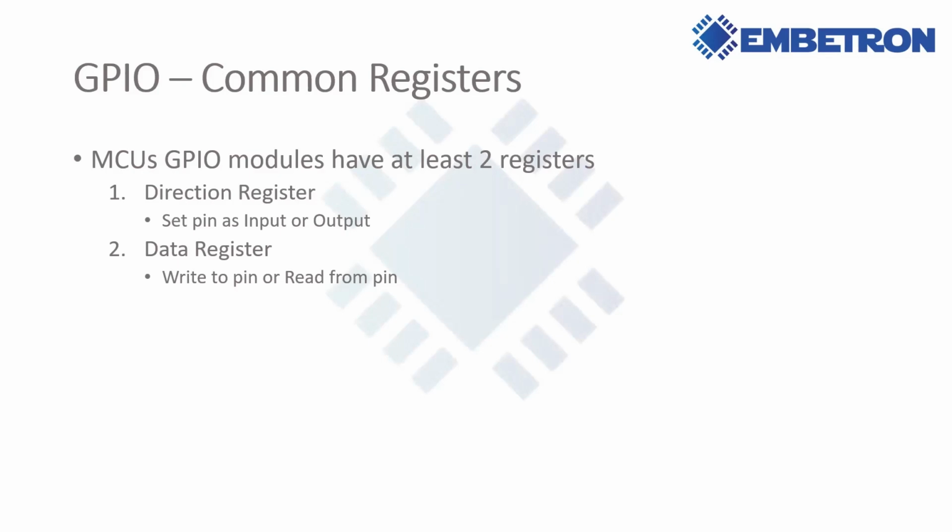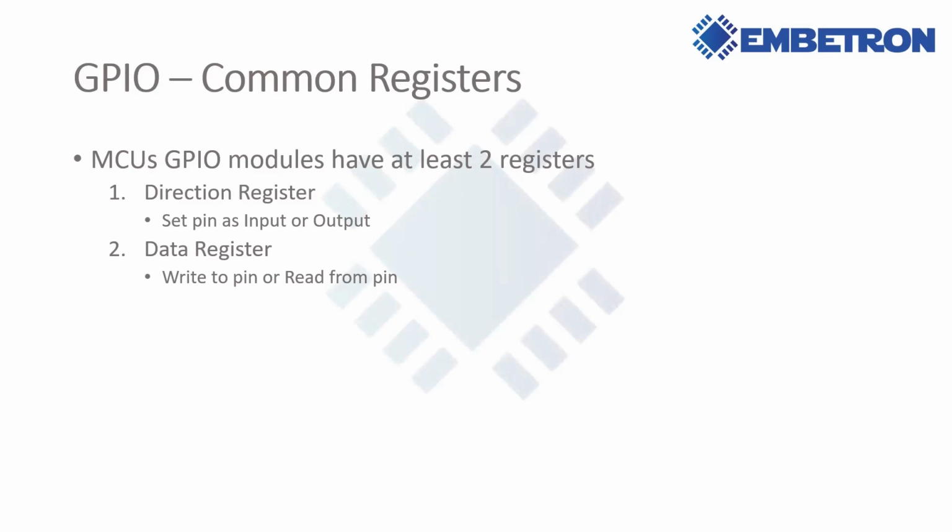So direction register basically sets the direction of that particular pin as either input or output. For example, in case of an LED, which is an output device, the direction for that particular pin will be set as output.